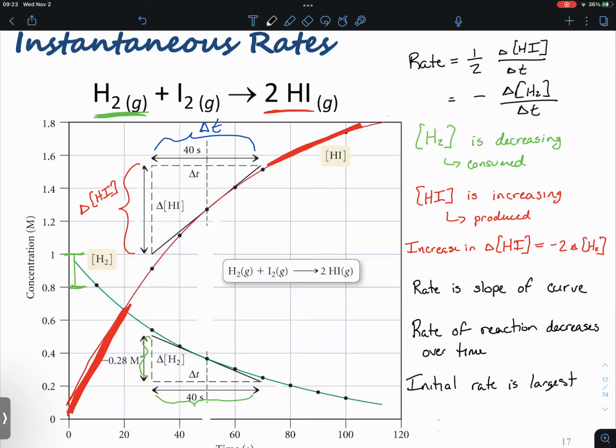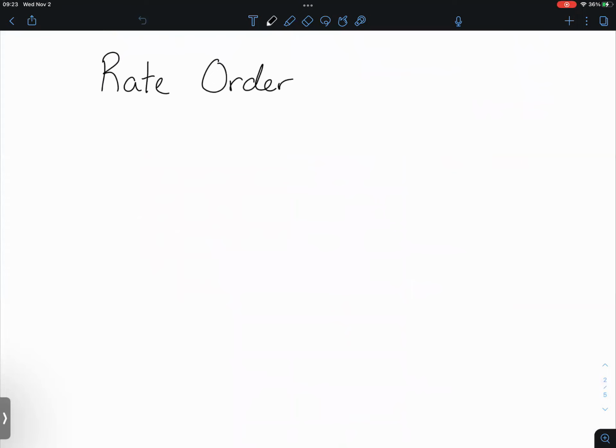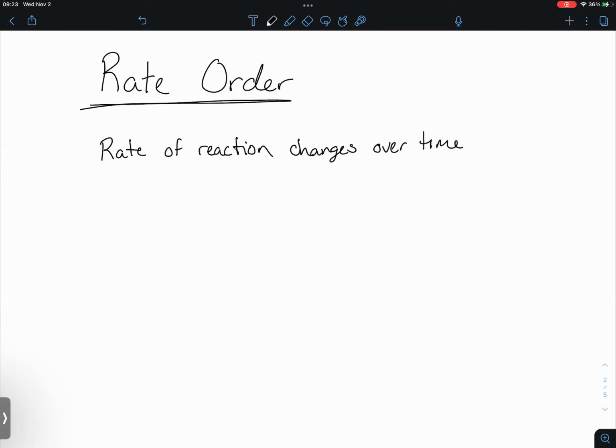Okay. So now we're going to graduate to talking about rate orders for a reaction. As we actually just saw visually, the reaction rate changes throughout the course of the reaction, right? So the rate of reaction changes over time.